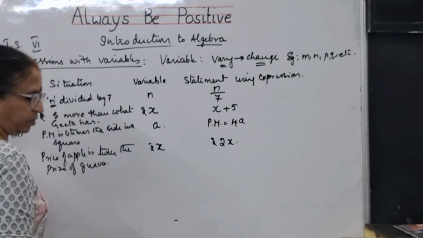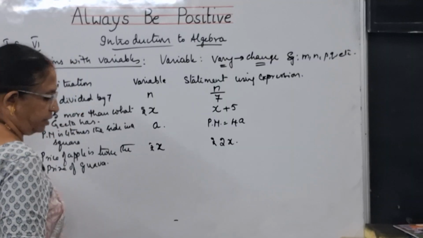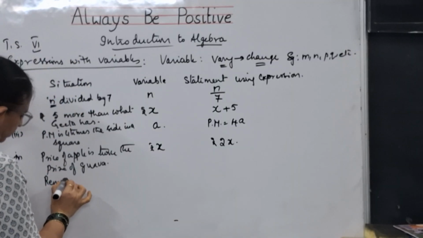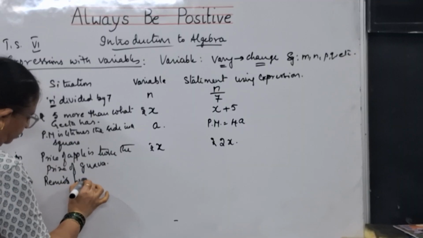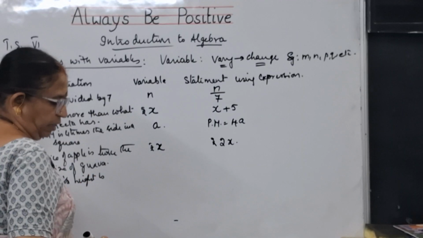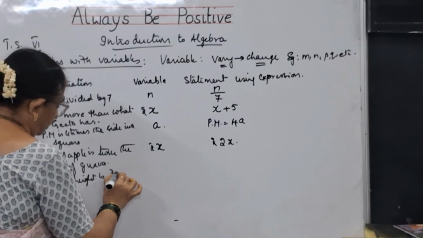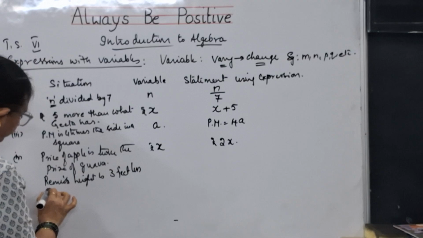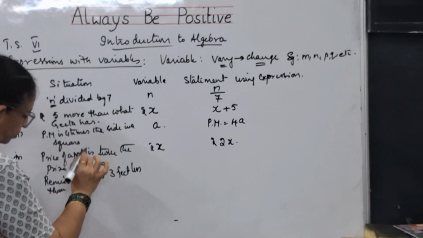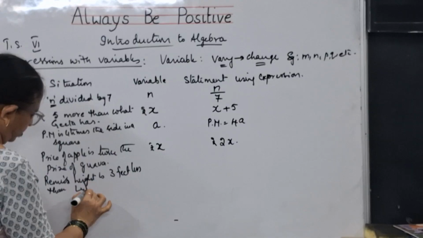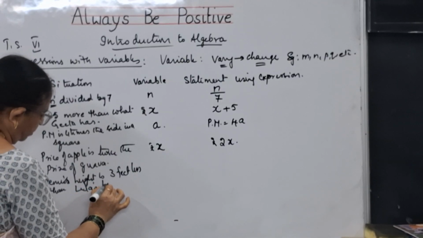Then fifth statement, Renu's height is 3 feet less than Leela's height.